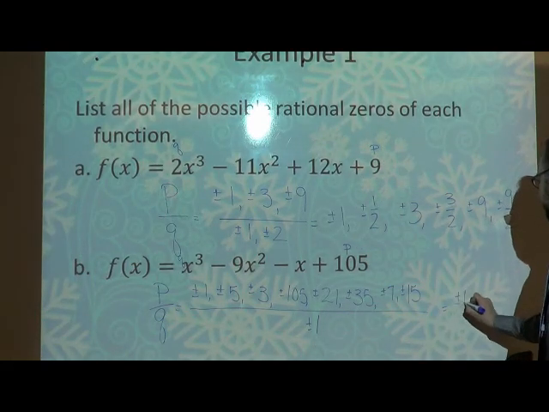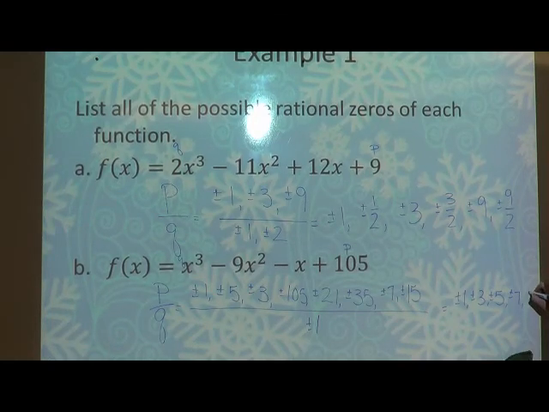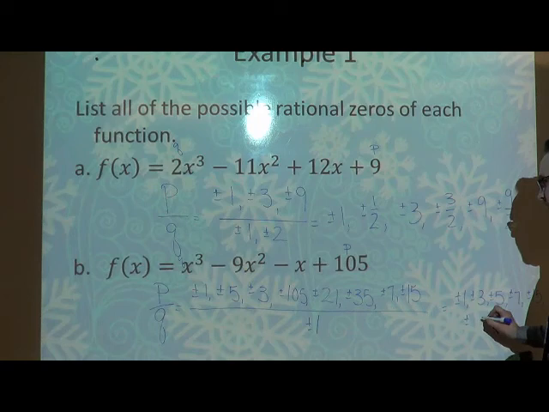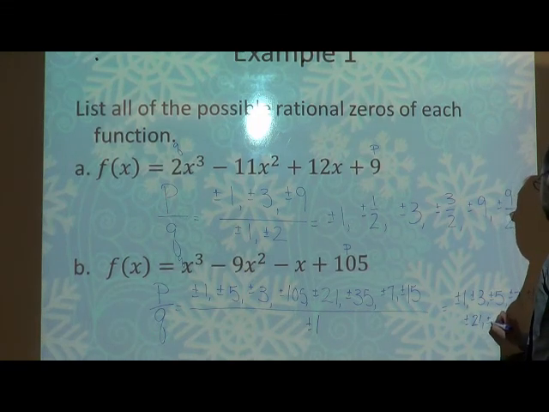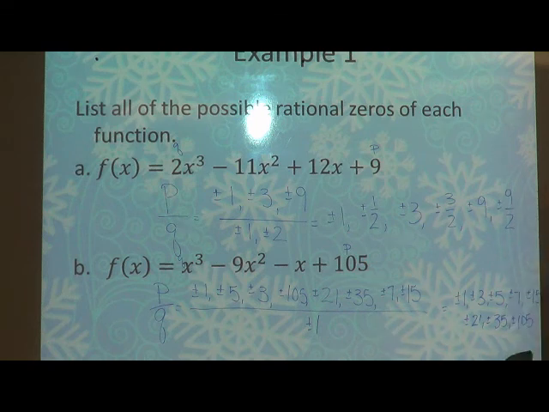So we have plus or minus 1, plus or minus 3, plus or minus 5, plus or minus 7, plus or minus 15, plus or minus 21, plus or minus 35, plus or minus 105. And those are all the possible rational zeros.